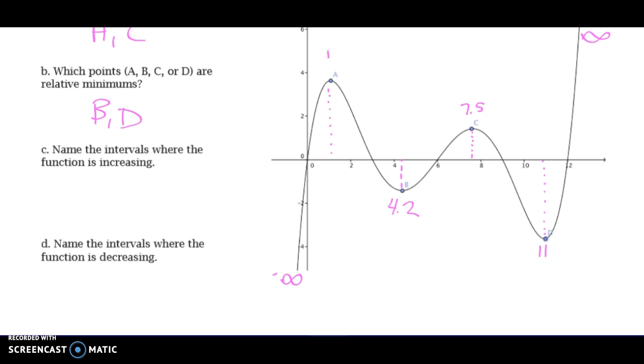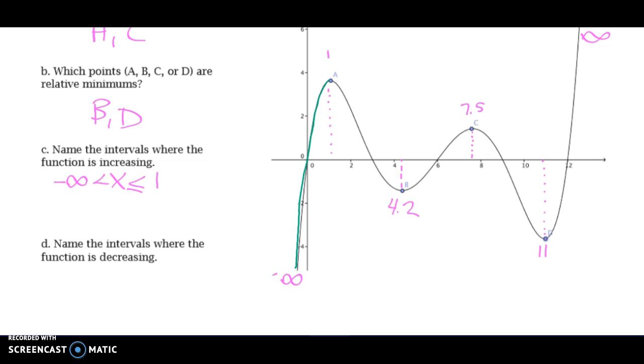Starting on this left side, which direction am I moving? I can see I'm moving up. I'm increasing from what to what? Well, I started increasing at negative infinity, and that continued until I reached the 1. First time I've used 1, I put an equal sign on it.